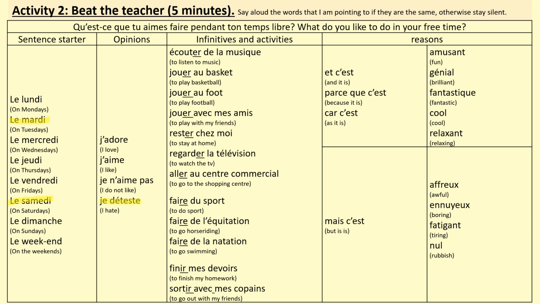If I say restez chez moi, I am pointing at restez chez moi, so you need to say it. What about if I say faire de l'équitation? I was pointing at faire de la natation, so you must stay silent.